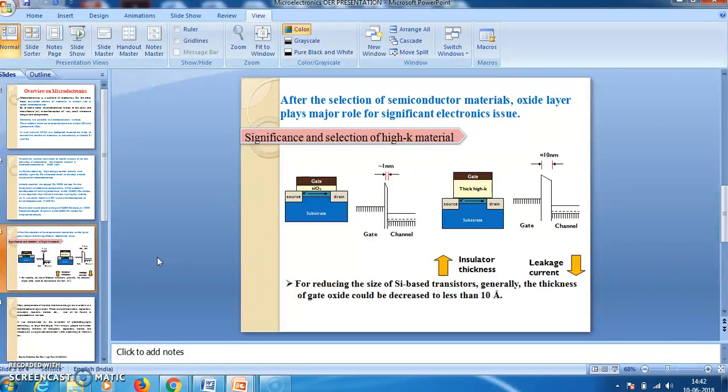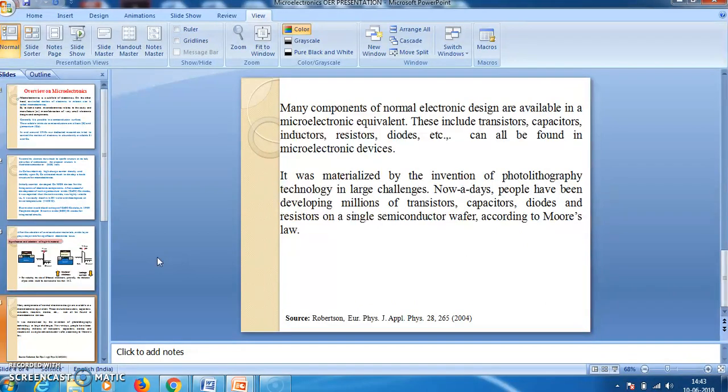So silicon attracted people when they started working on microelectronics. For microelectronics, people chose silicon oxide stacks.